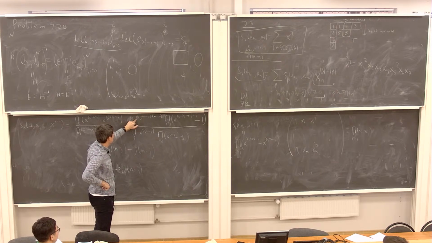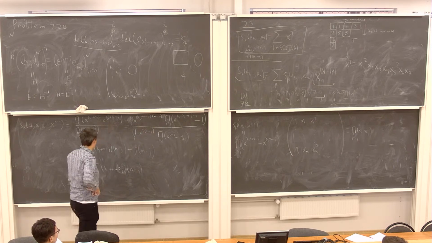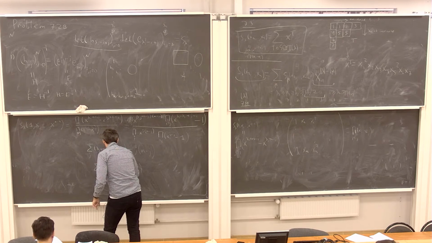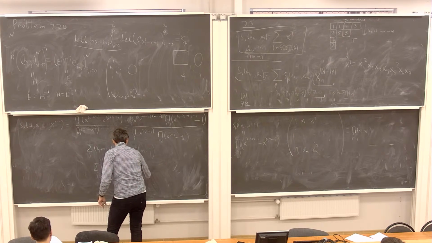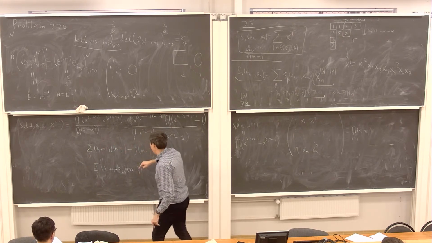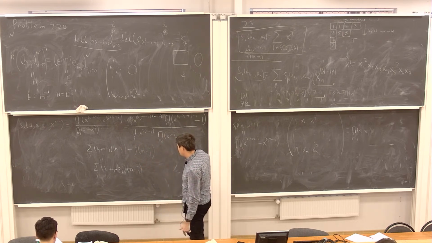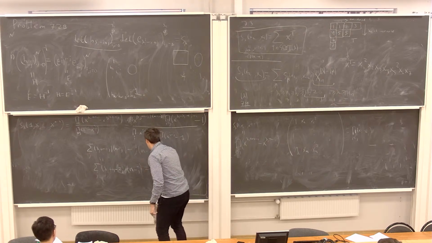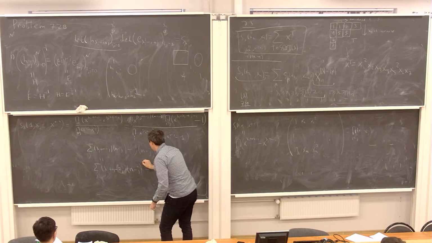It's like x to the power sum of these guys minus sum of these guys. It's some number, and I want to say that it should be equal to something else. Let's switch summation, and sum over n minus j, not j.